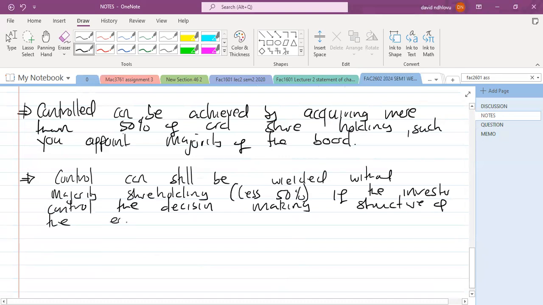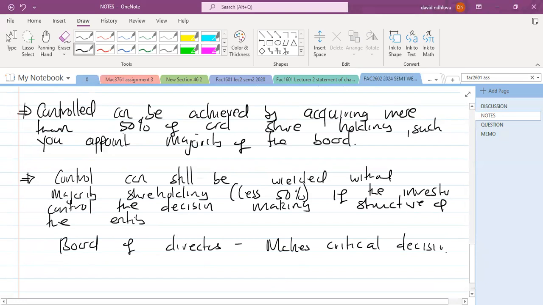For example, let's say a board of directors runs the company and makes critical decisions.